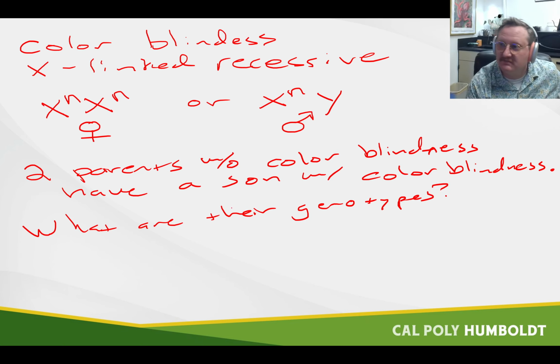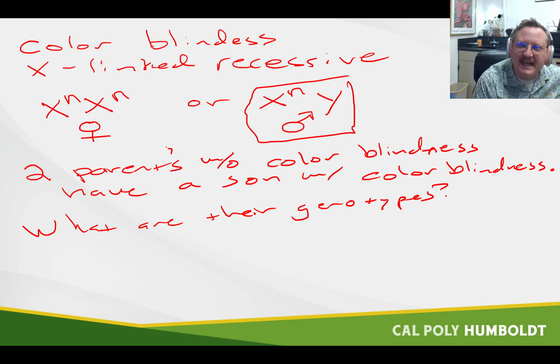Fair enough question. Let's look at the son. So the son must have this genotype right here. It's the only possible genotype for the son to have to be colorblind. If the offspring is a son, then he must have received the Y chromosome from the sperm cell, from the paternal side.